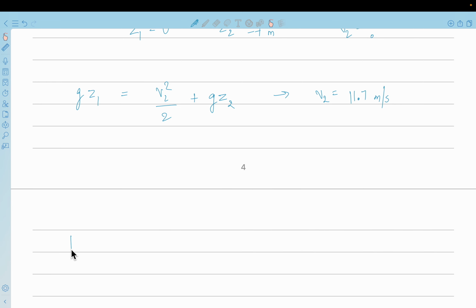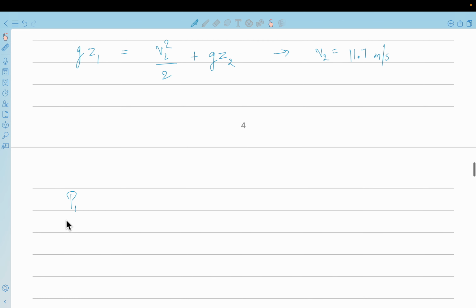So I'll write P1 by rho plus V1 square by 2 plus GZ1 is equal to PA by rho plus VA square by 2 plus GZA.